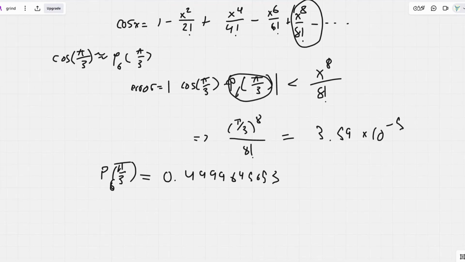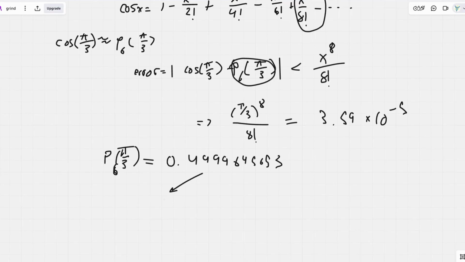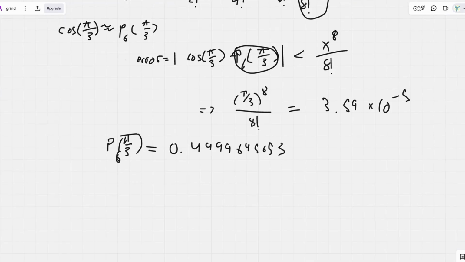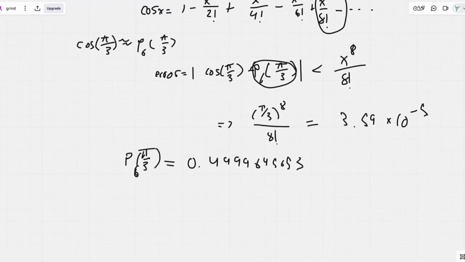so this is what we get. And then basically, using our approximation, we know that cosine of pi over 3 has to be between this value minus our error and plus our error.